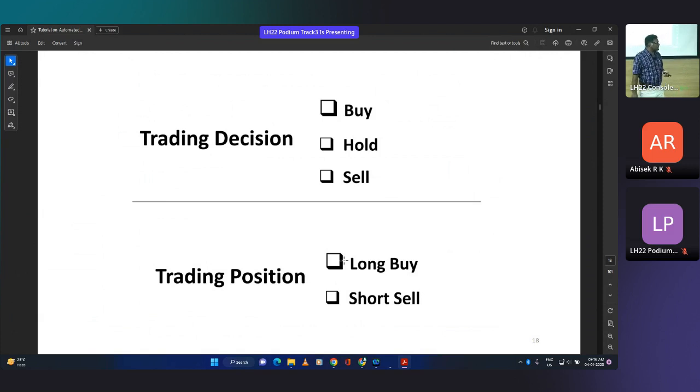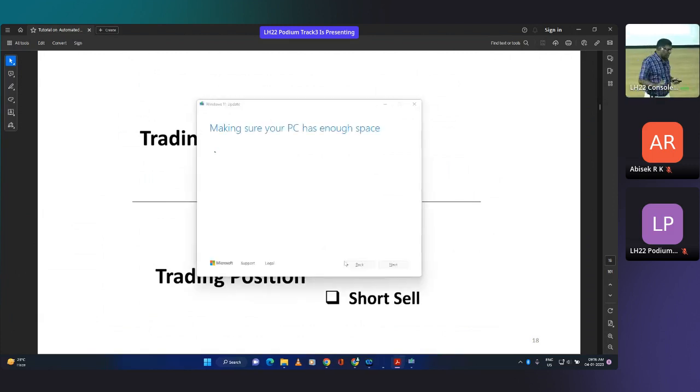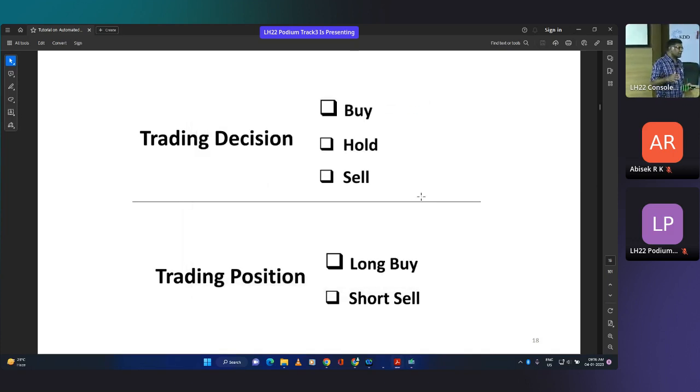Then we have three trading decisions: buy, hold, or sell. Either you can buy first and sell later, which is called long, or you sell first and buy later, which is called a short sale. In the Indian stock market, if you do day trading, you basically decide that at the end of the day your position will be what it was the previous day.